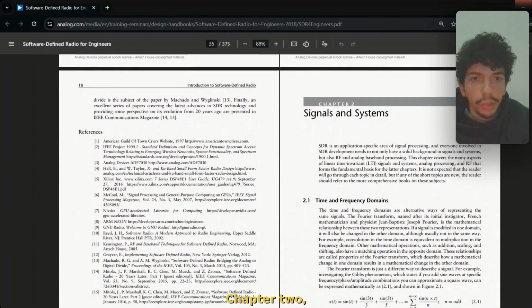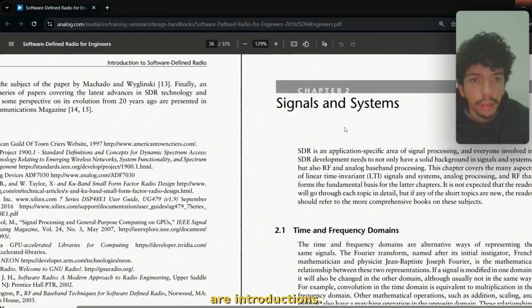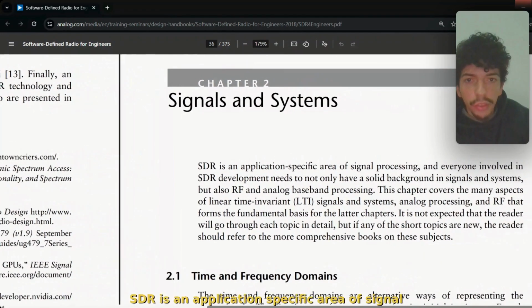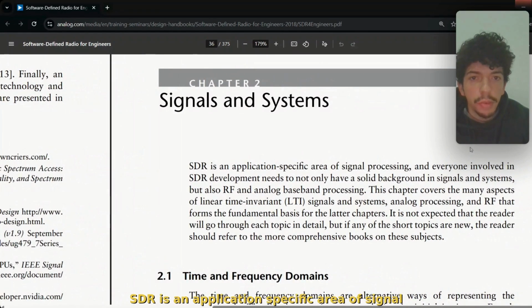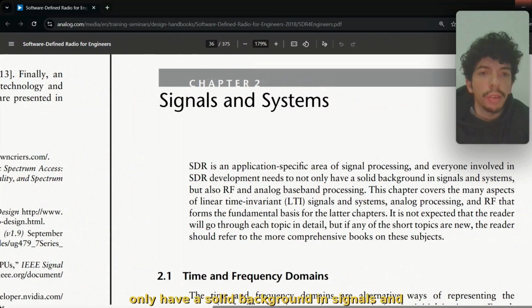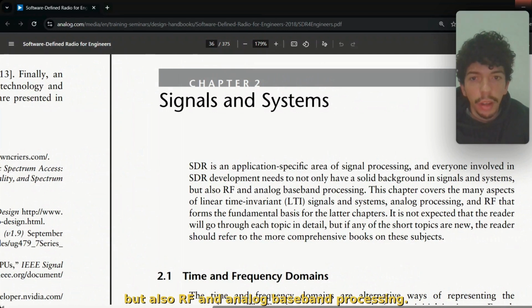In chapter 2, signals and systems, a brief introduction. SDR is an application-specific area of signal processing, and everyone involved in SDR development needs to not only have a solid background in signals and systems, but also RF and analog baseband processing.